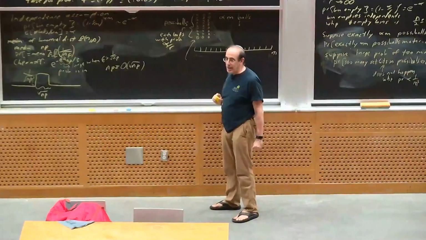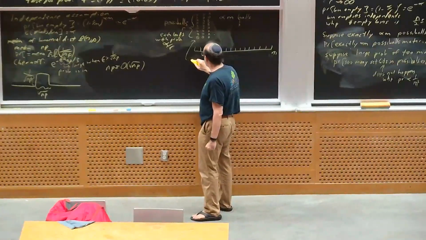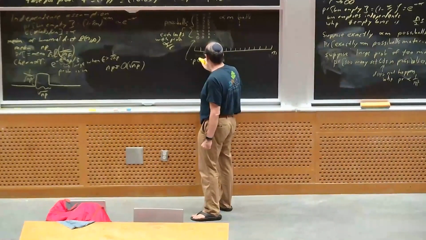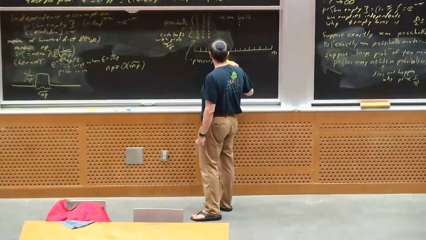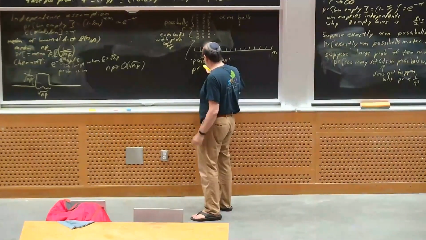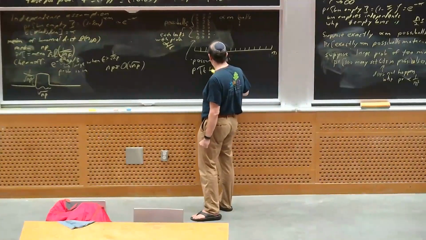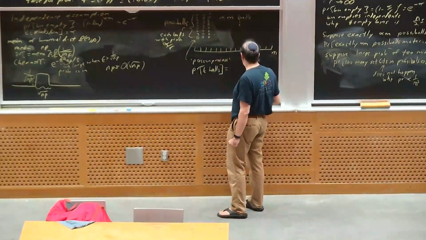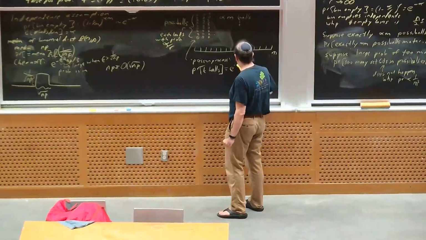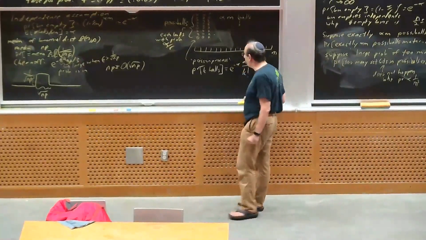I will also mention that this model of using this probability alpha over R and letting R go to infinity, what that yields is what's known as a Poisson process. And the probability that you get exactly k balls is equal to e to the minus alpha times alpha to the k over k factorial.